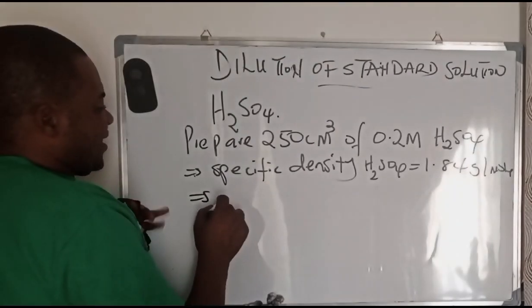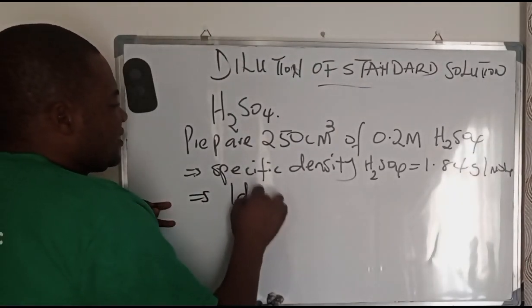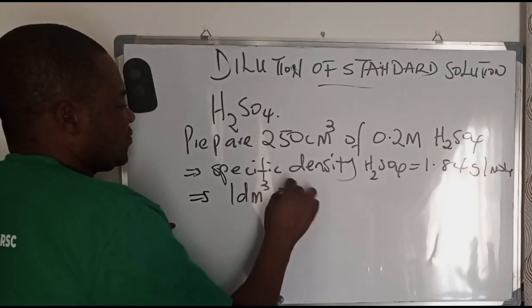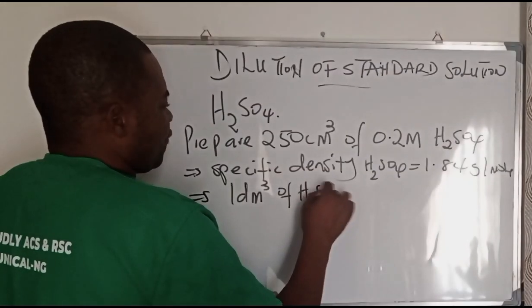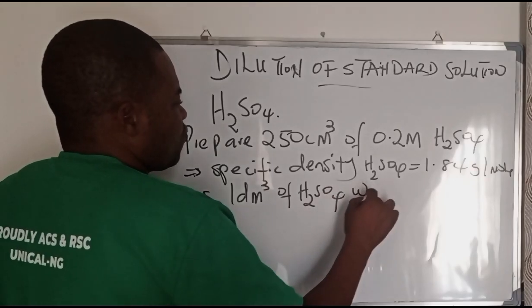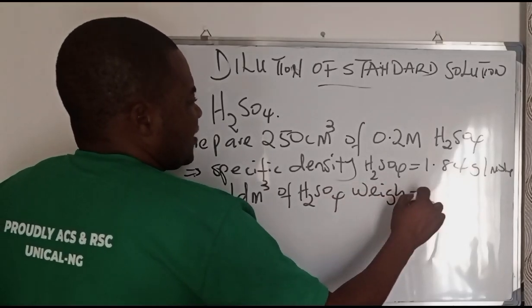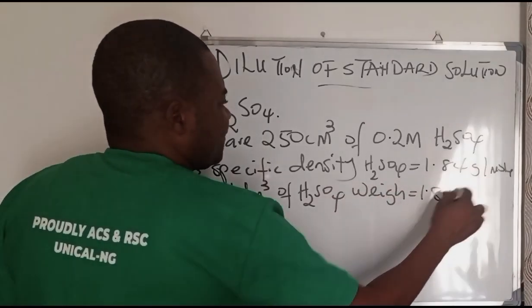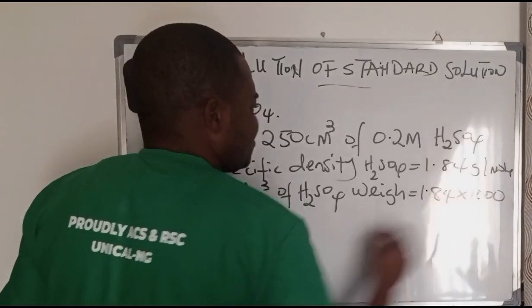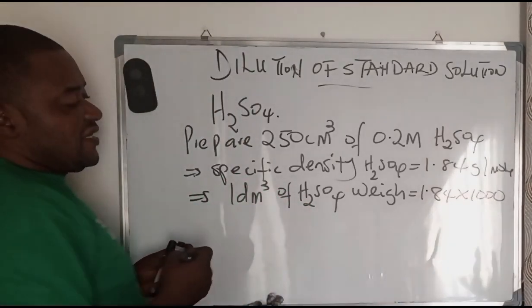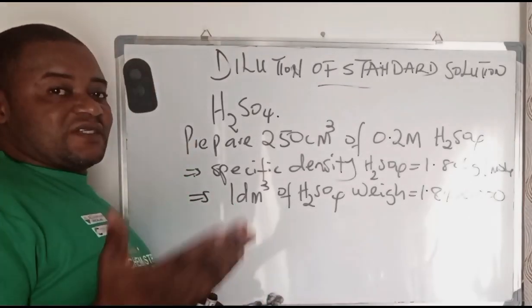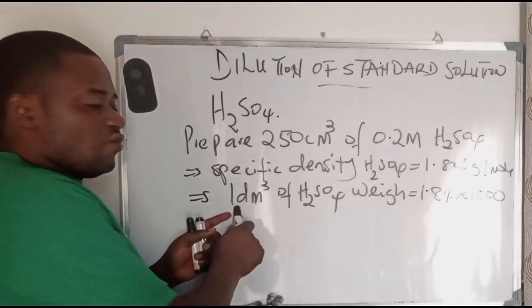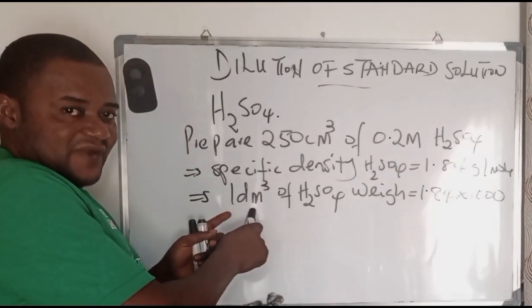So it implies that 1 dm³ of H2SO4, preparation by weight, is 1.84 times 1000. This is because 1000 cubic centimeter is equivalent to 1 dm³.